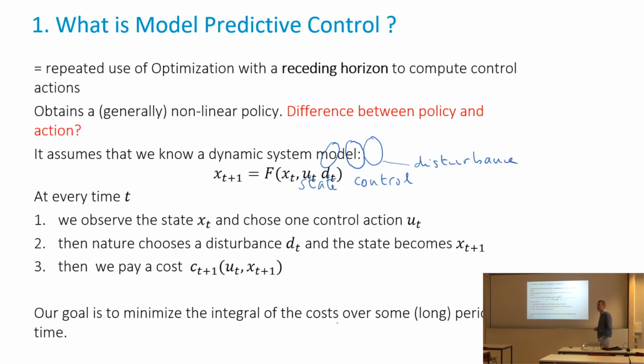For example, the state of a grid needs to be such that the currents are not too large on the lines and the voltage is within the bounds. So if the resulting state of the grid is close to one of the bounds, we will put that as a penalty function here. And in the context of model predictive control, our goal is to minimize the integral of the cost over some period of time.